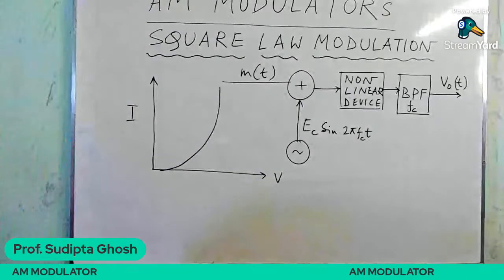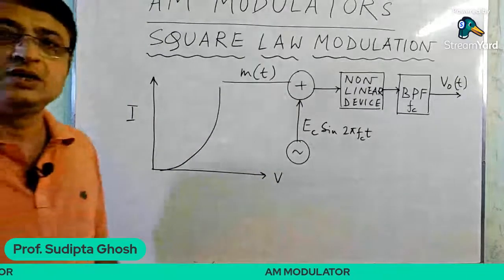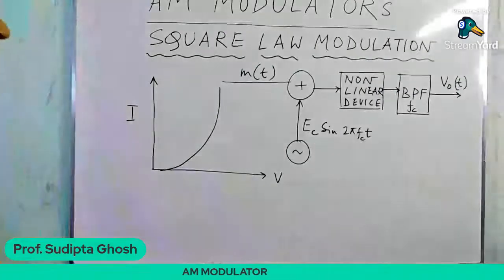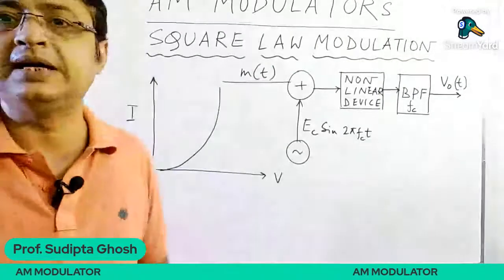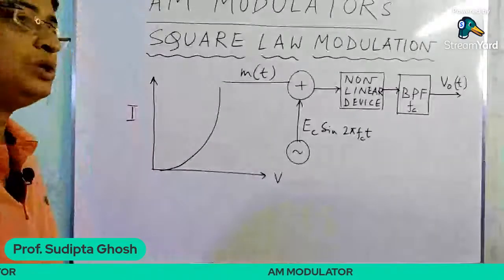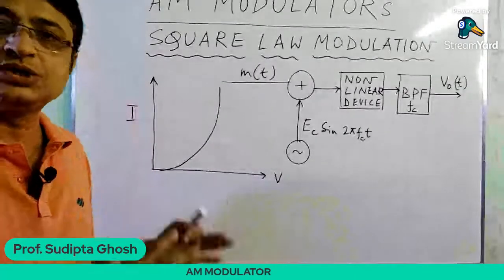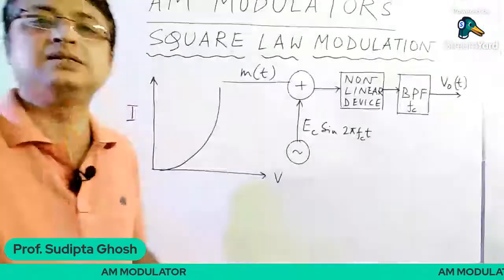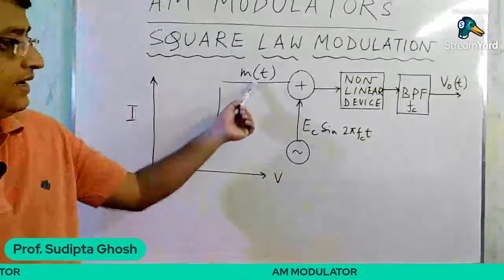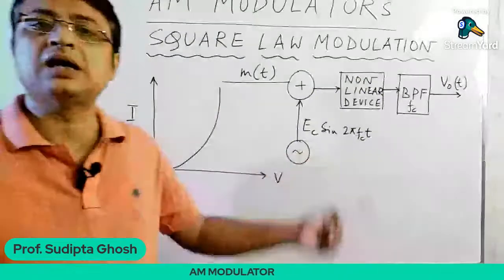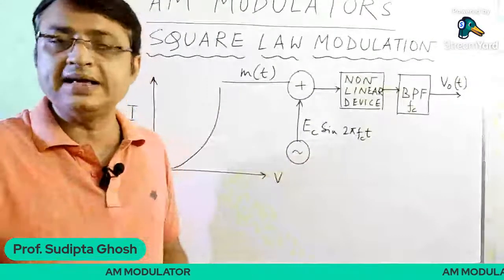So in this type of modulator, we need one nonlinear device, and to the input of the nonlinear device we are going to add two signals. These two signals are the information signal, that is m(t), and the other one is our carrier signal.